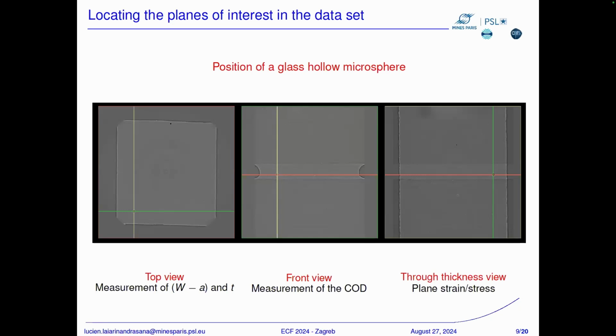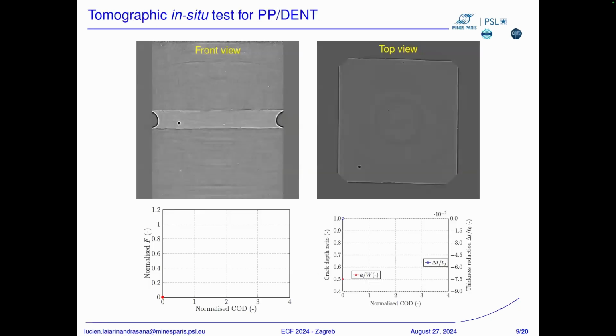And then we have measured here the crack front is right here, right? And then this is the length of the remaining ligament. So we have measured W minus A here, and the thickness reduction is obtained at the mid-width of the specimen. And the COD, of course, is measured here, local COD. And this is the curve that had been yielded.